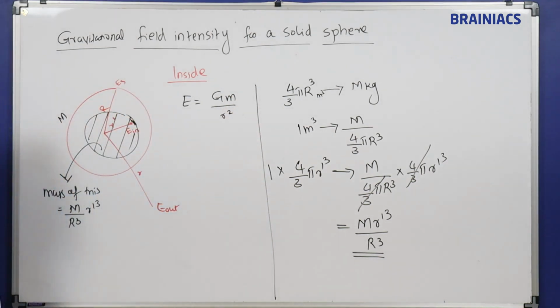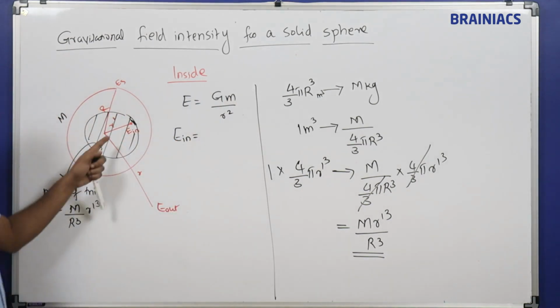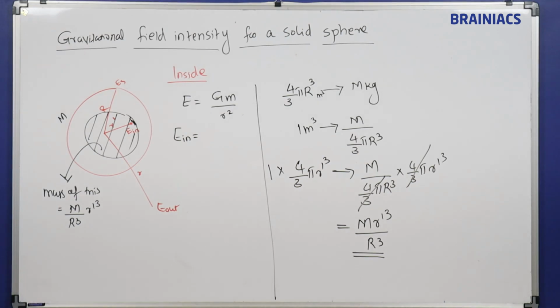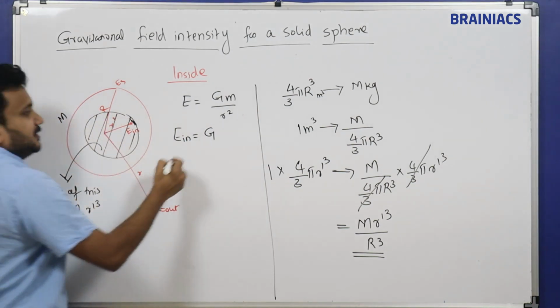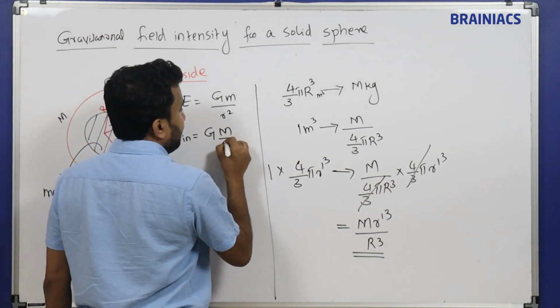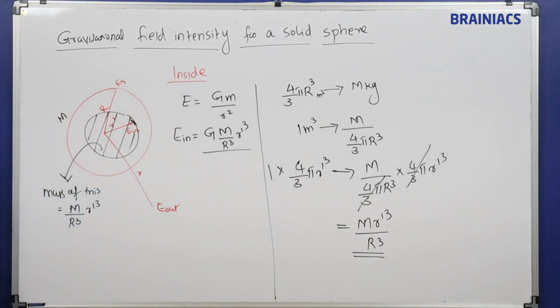Now we are substituting. This is a general equation, and now we come to the inside point. So E inside is G into the inside mass. What is the inside mass? This black color mass. G into M into r dash cube divided by R cube, whole divided by the denominator r square.